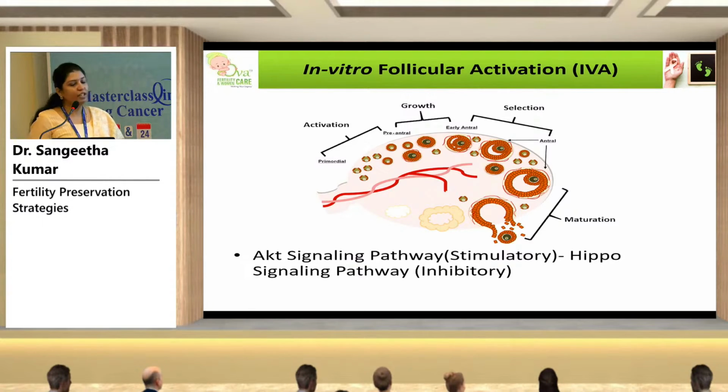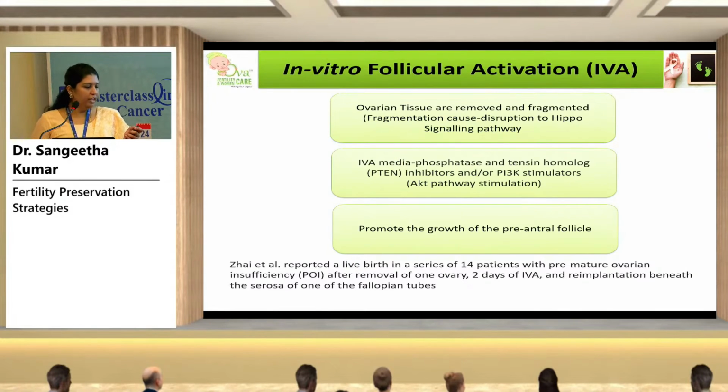This is because of the balance between the AKT signaling pathway and the Hippo signaling pathway. If there is a disruption in the Hippo signaling pathway, there is activation of the primordial follicles. So ovarian tissues were removed and fragmented. This fragmentation disrupted the Hippo signaling pathway, which in turn activated the AKT signaling.